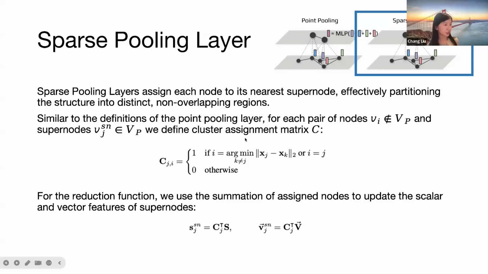You can see from the definition here, the major difference is the rule to determine whether C subscript JI can be set to one, which is decided by the nearest neighbor of the supernode. Each node can only be assigned once, to the supernode it is nearest to. For the reduction function, they leverage the same mechanism and operations we mentioned in the point pooling layer.